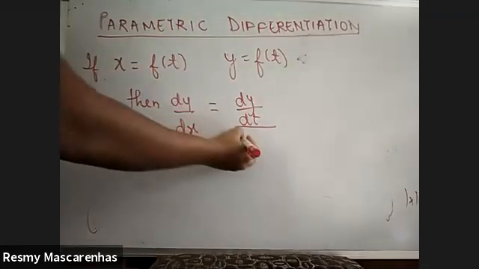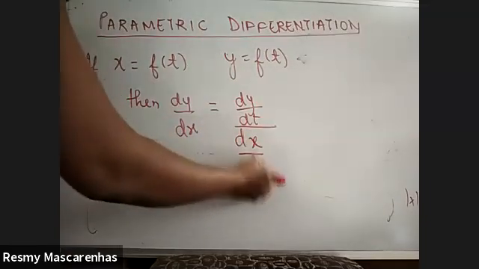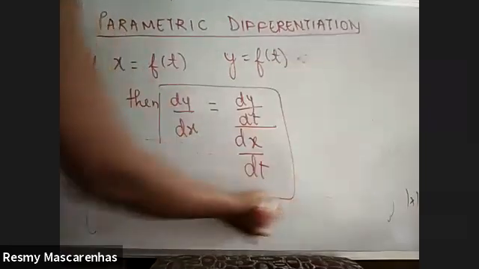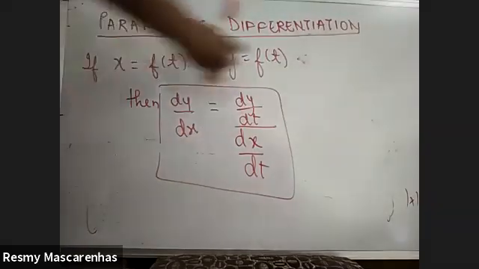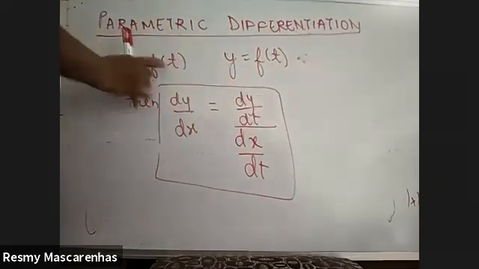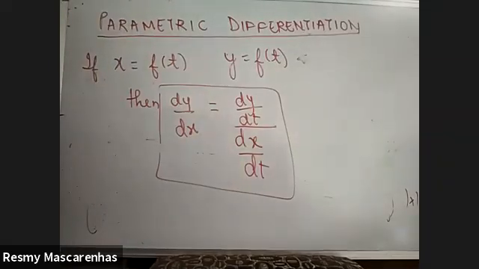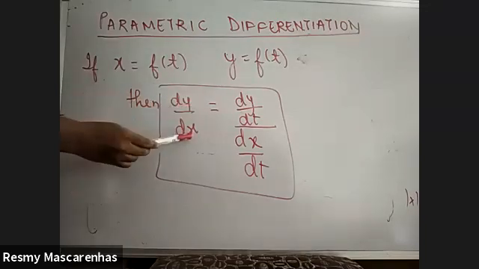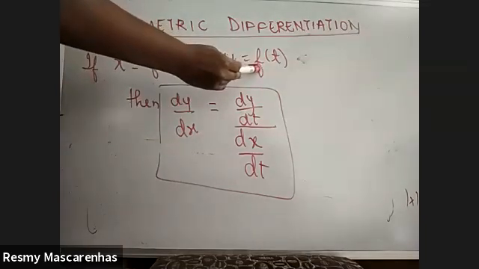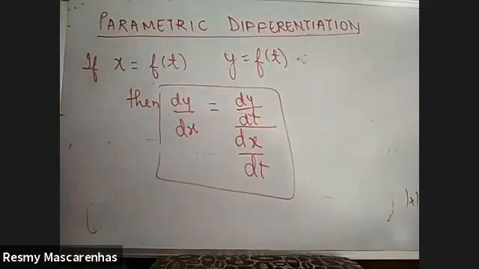So this is the formula: dy by dx is nothing but the derivative of y upon the derivative of x. Remember, not x upon y, it is the opposite, because y comes first and x is at the denominator. So the derivative of y upon the derivative of x. This is the formula for parametric differentiation. So just write this and start solving the problems.